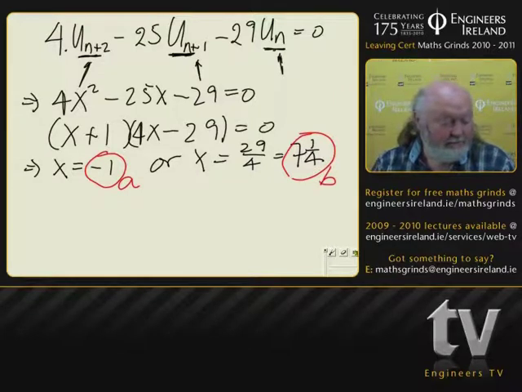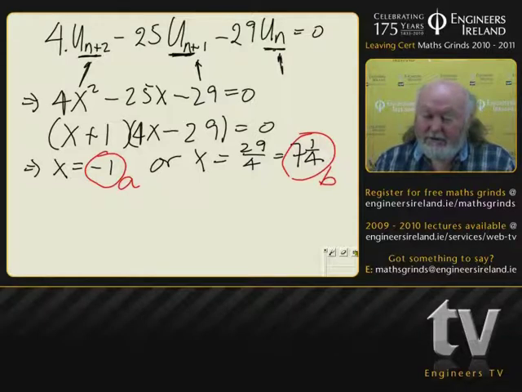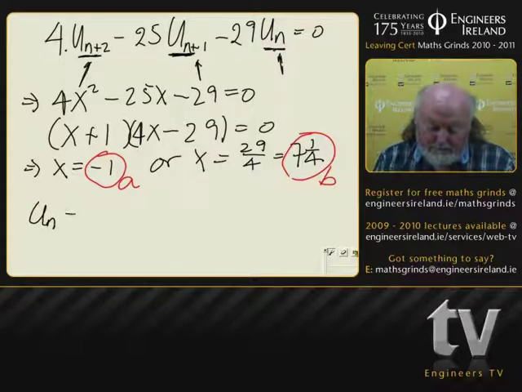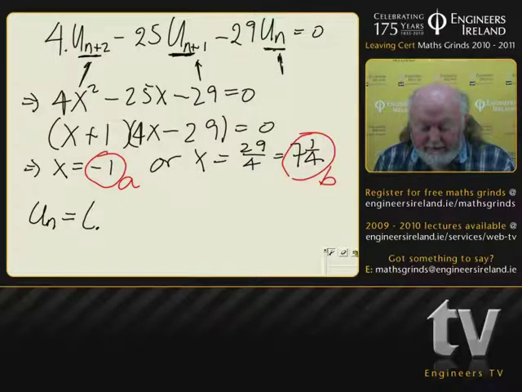Now then, what can we say? We can say that un is going to be equal to L by minus 1 to the n plus M by 7 1/4 to the n.